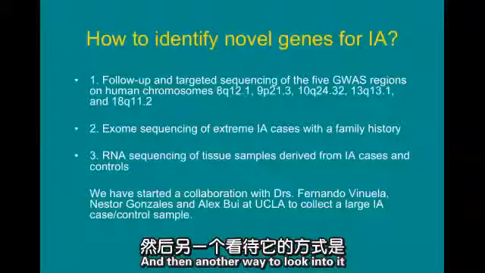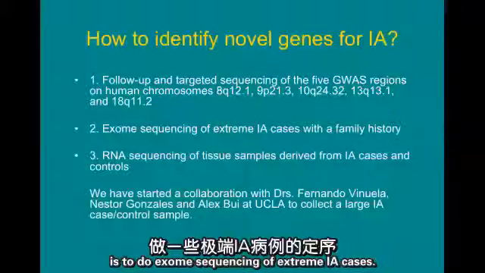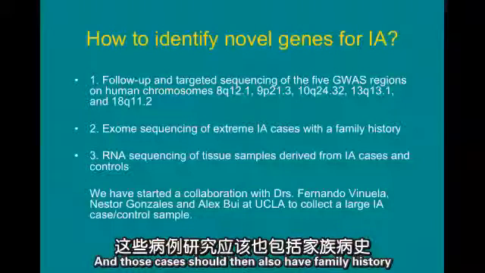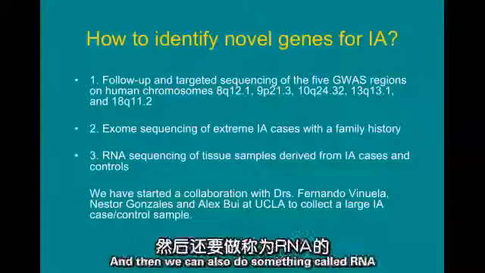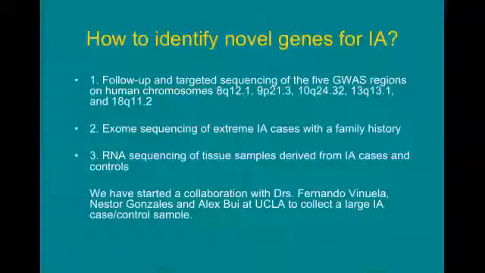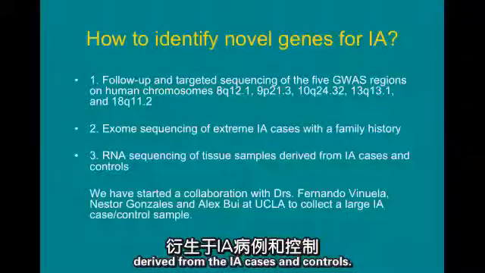Another way is to do exome sequencing of extreme IA cases, and those cases should also have family history to really emphasize the familial component. And then we can also do RNA sequencing of tissue samples derived from the IA cases and controls.